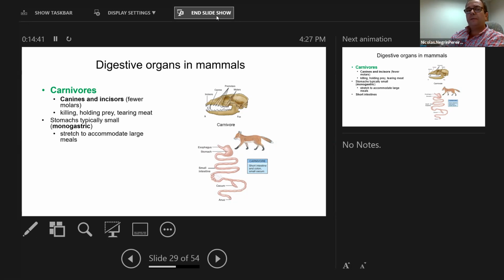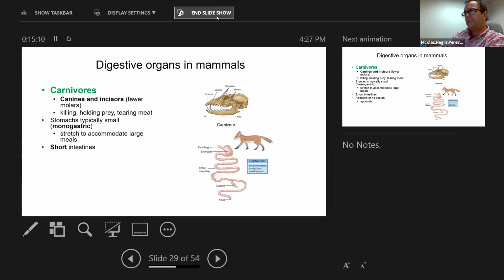They normally present a small stomach, and they are called monogastric because that's the only stomach they have. This stomach has the capacity to stretch to accommodate large meals, and if the animal keeps on eating larger meals, the stomach is going to stretch more and more and adapt to that kind of more frequent feeding.